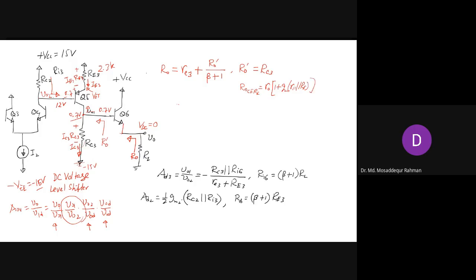So that's very high, and that will come in parallel with this. So it will be almost equal to RC3, because obviously this will be much smaller than this. So we can ignore this part and just write that the resistance seen looking into the collector of Q5 will be just RC3. So R naught will be RE plus RC3 divided by beta plus 1. So that will be the output resistance.